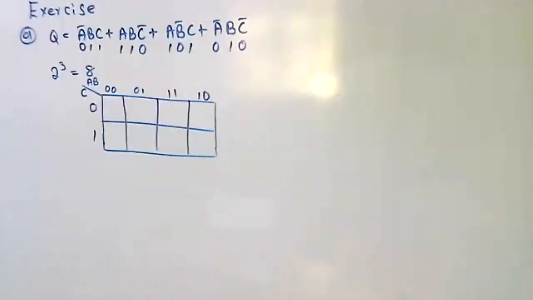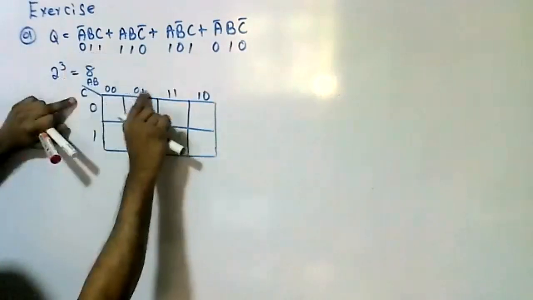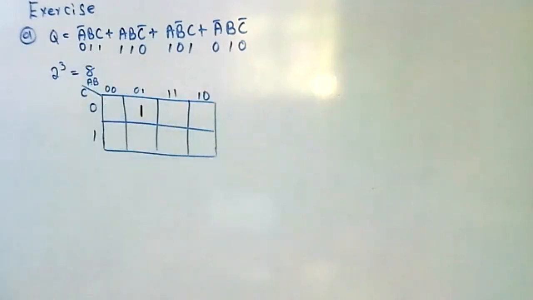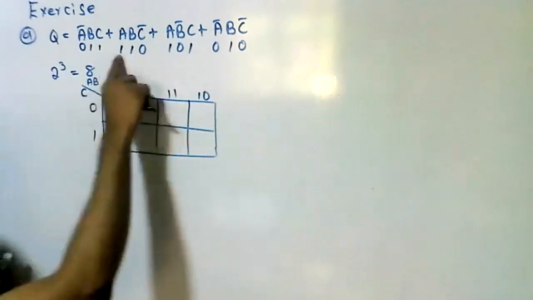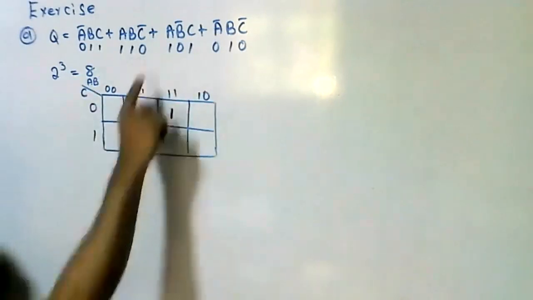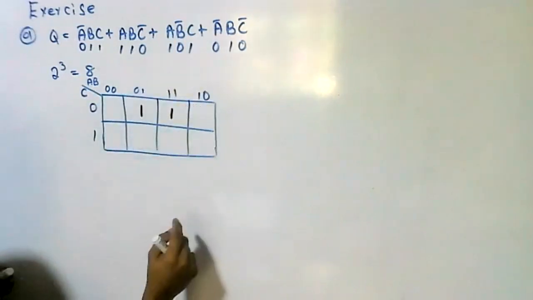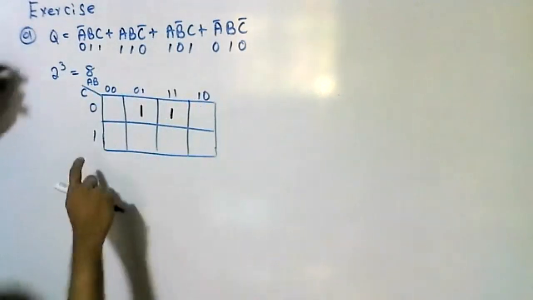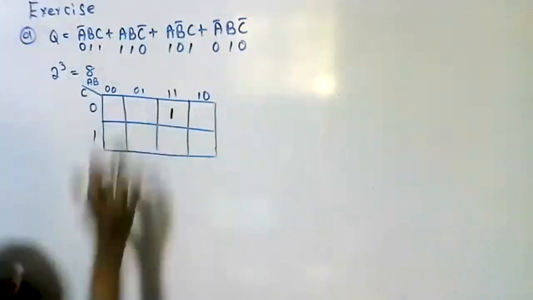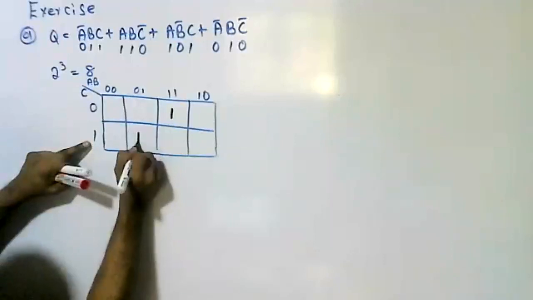I'm going to mark the ones. Here 0, 1, 1. C equals 1. That means here 1 comes. Then 1, 1, 0 means here 1 comes. 1, 0, 1. Then 0, 1, 1, 1 comes here.